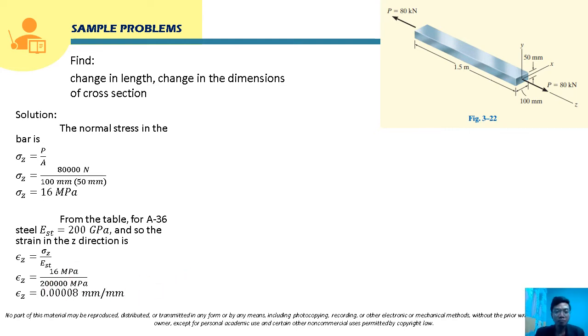So here, this will be 0.00008 millimeter per millimeter, since the unit that we use here is megapascal, which is newton per millimeter squared. So the unit that we're going to use here is millimeter per millimeter, though it's actually cancelled, but we are just going to indicate this unit.